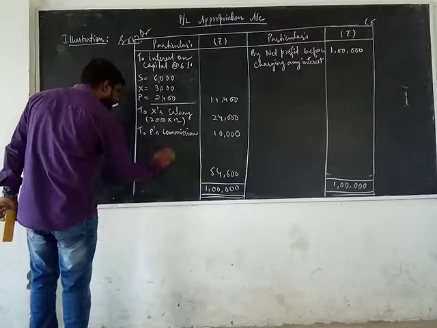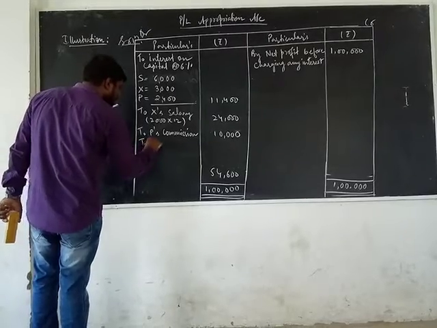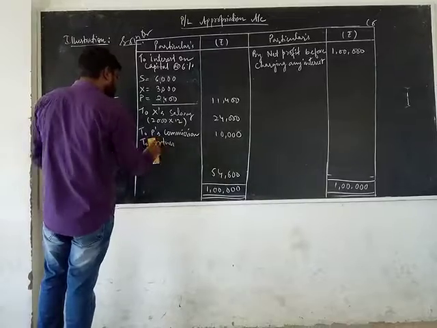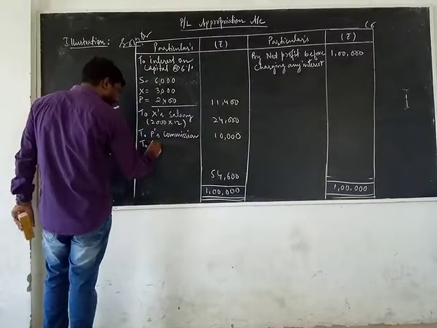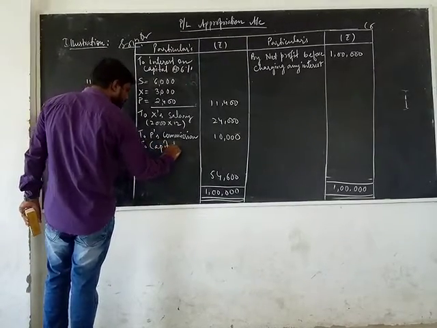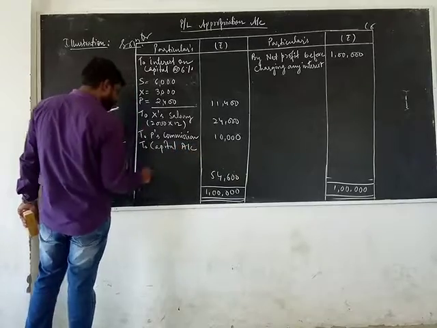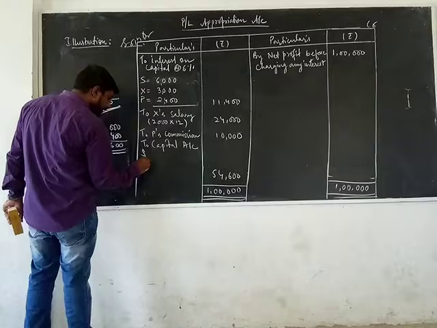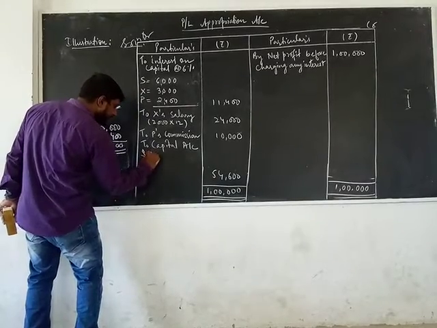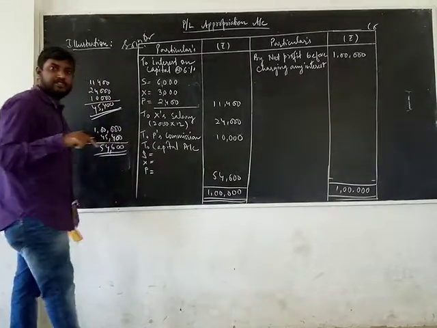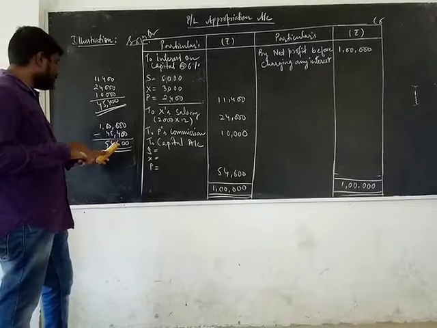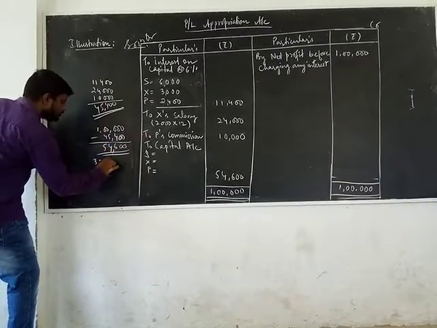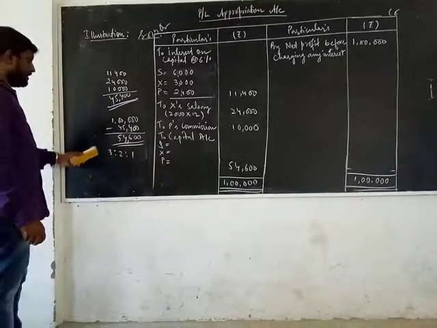Now what should we write here? To partners, or you can write simply to capital account. To capital account of whom? S, X and P, on their profit sharing ratio. Remember, this amount will be distributed in the ratio of 3:2:1.